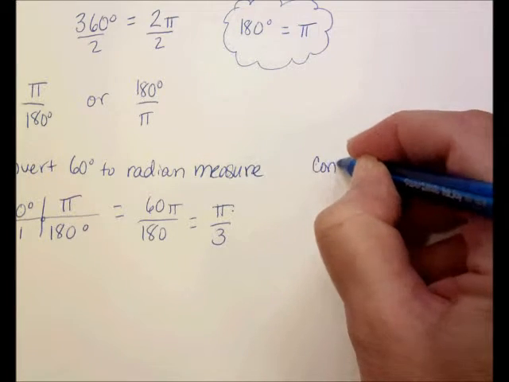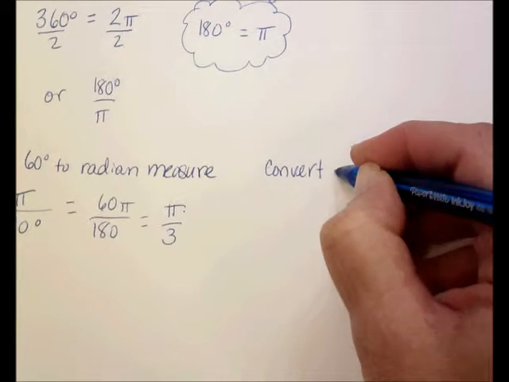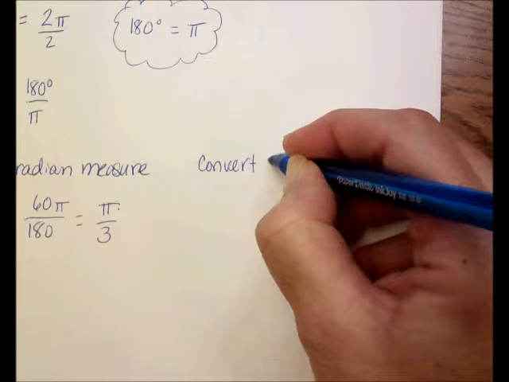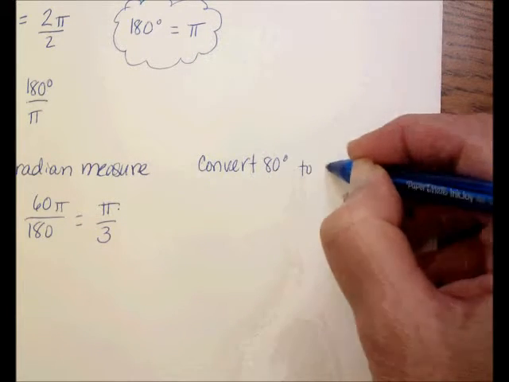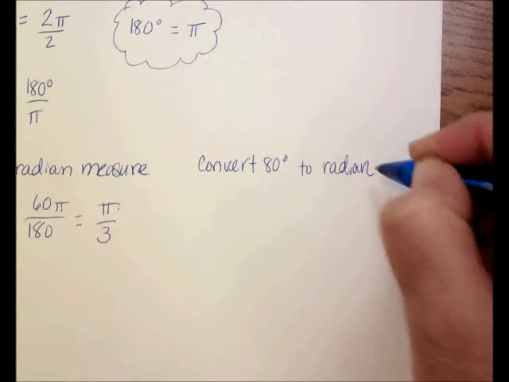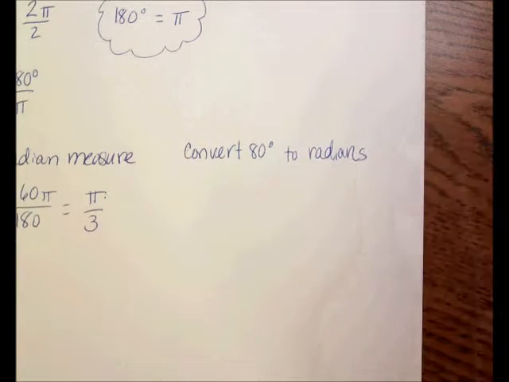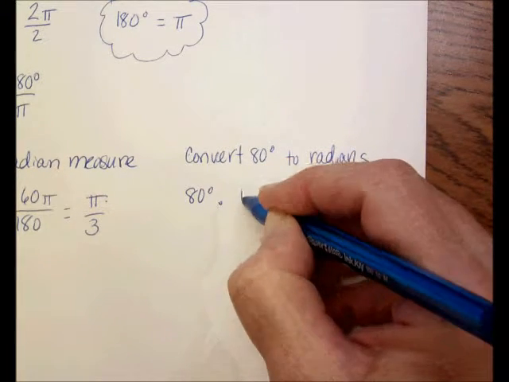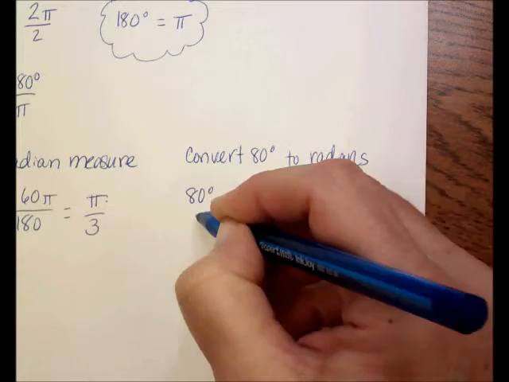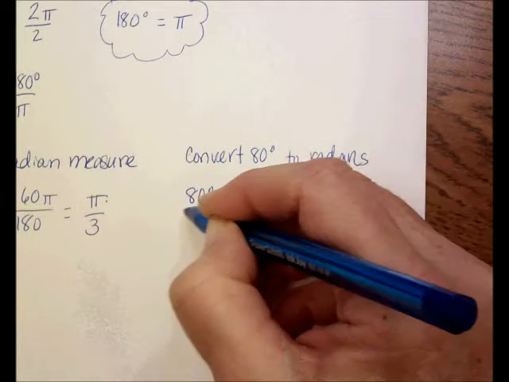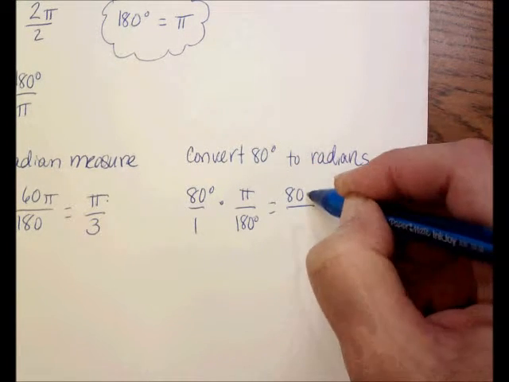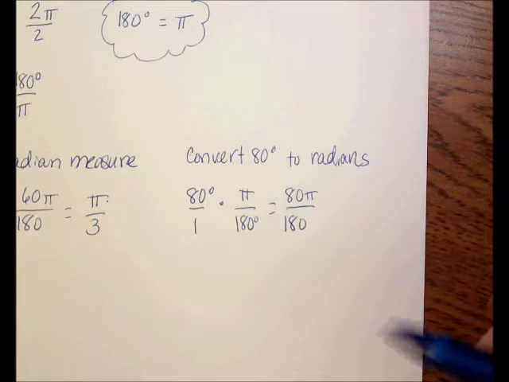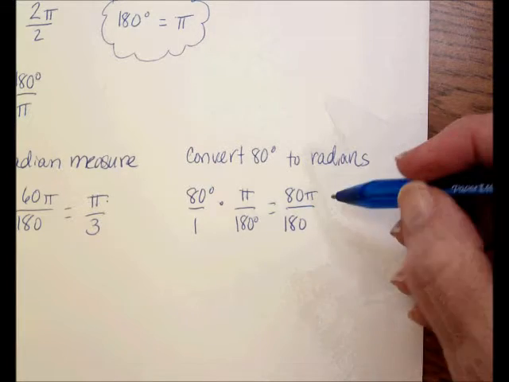Okay, so let's do another one. Let's do one that's kind of difficult to see, maybe 80 degrees to a radian measure. So I have 80 degrees, and I'm going to multiply it again by pi over 180, and I'm going to multiply straight across. I'm going to do it this way so you can kind of see. And in this case, 80 and 180 are a little bit difficult to see.